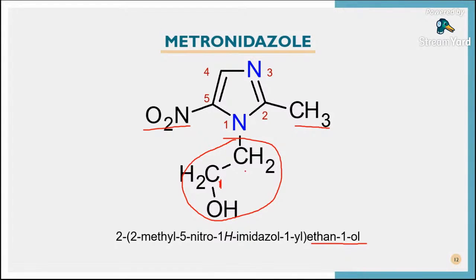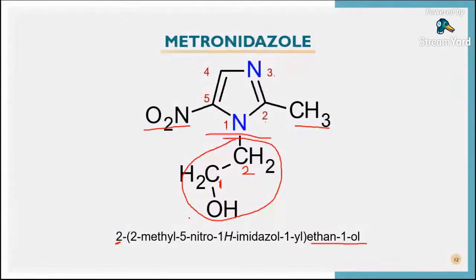One number is given here, two number is given here. So 1, 2. So again numbering starts from the one number, because here your ring is started. So this is the numbering of the ring 1, 2, 3, 4, 5. So on ethanol, two number position. Okay. This is the ethanol, and at two number position there is a substituent. So this 2.